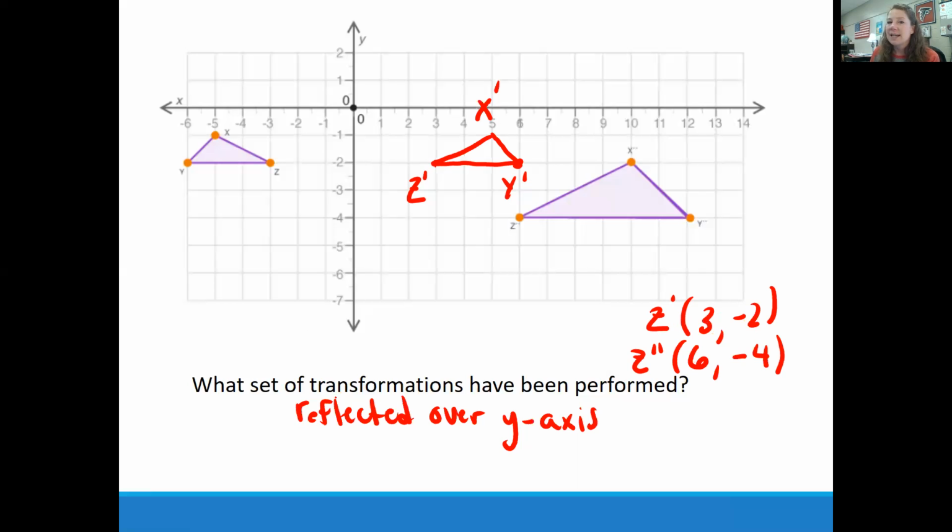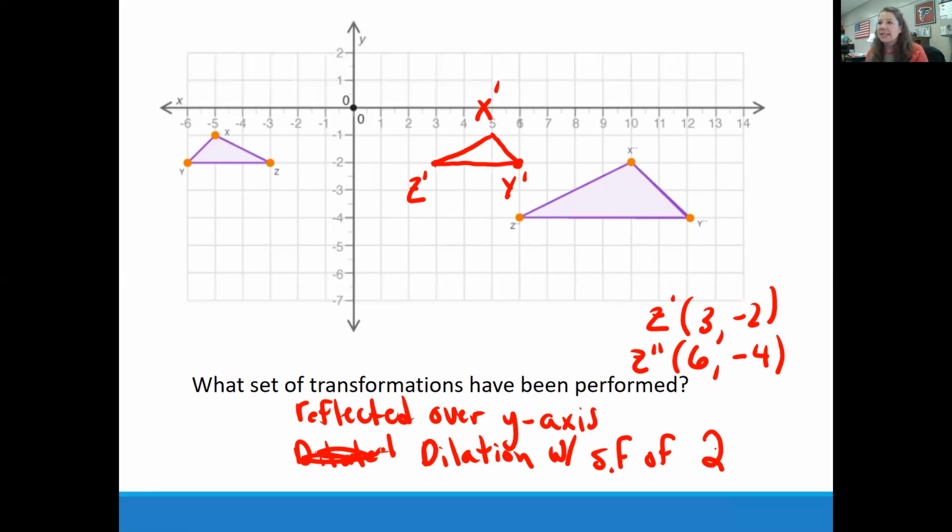So the second transformation is a dilation. Dilation with a scale factor of 2. So that's my 2 transformations. I reflected this triangle over the y-axis and I dilated it with a scale factor of 2.